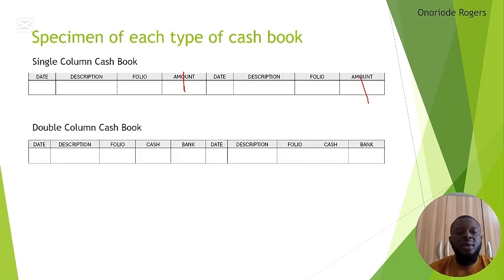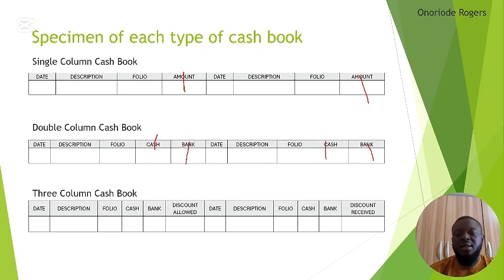Now look at the double column cash book. You have date, description, folio, cash, bank, and the same thing repeated on both sides. What makes it a double column is the cash amount and the bank amount, which is double. Let's also look at the 3 column cash book.